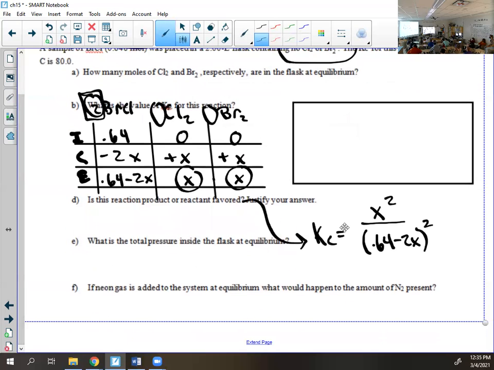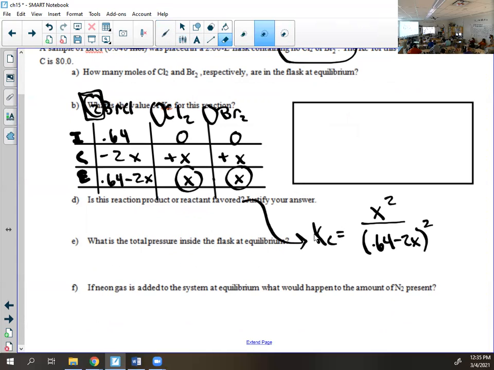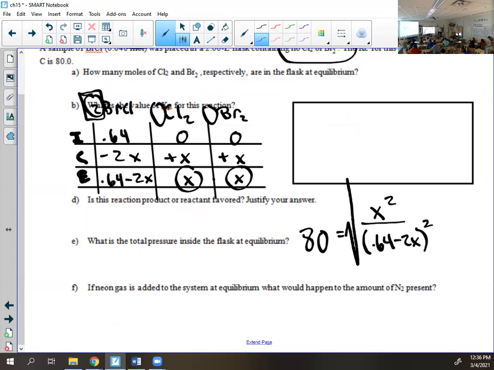So we now have this function. We also actually do know the value of Kc. So 80 equals this. Now, if your numerator and denominator are both squared, you can get rid of the squares by square rooting the whole thing.